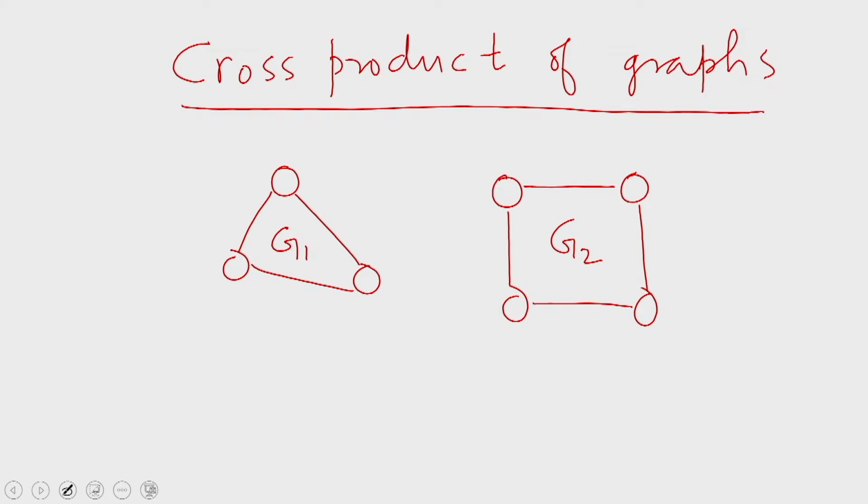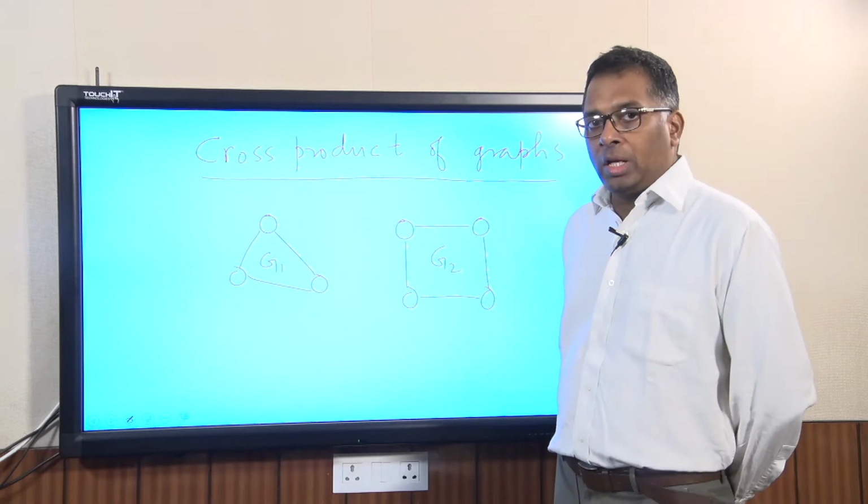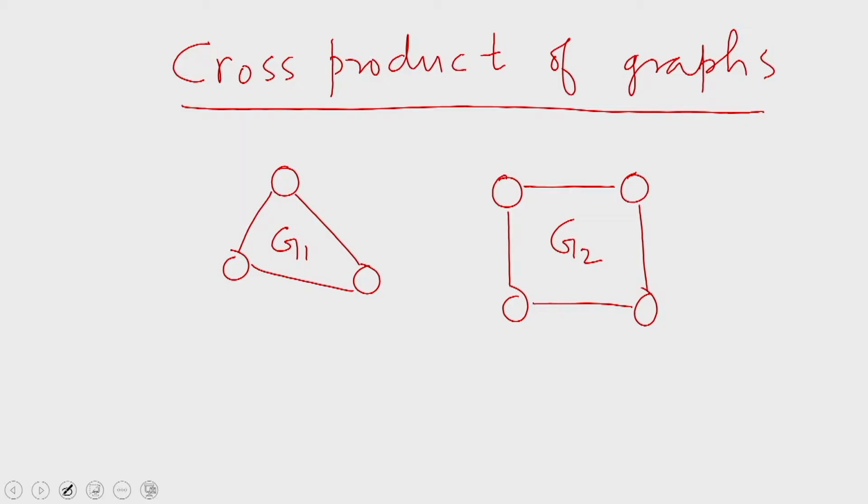These 4 copies correspond to the 4 vertices of the second graph. Now, we are going to introduce a bundle of edges in the cross product graph that correspond to the edges of the second graph. So, for every edge of the second graph, we are going to introduce a bundle of edges that go between the corresponding copies of G1.